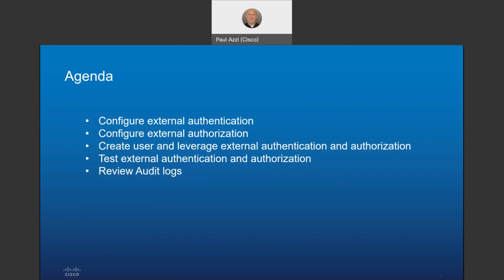And then we'll walk through how to create users and leverage both external authentication and authorization, and then do some tests. And lastly, review audit logs to review exactly what the logged on users are seeing and or changing.